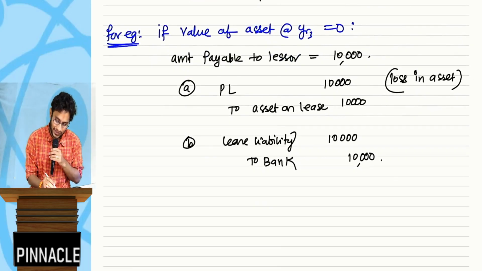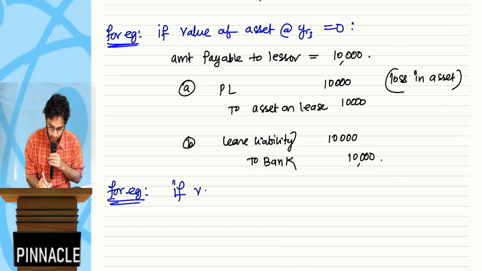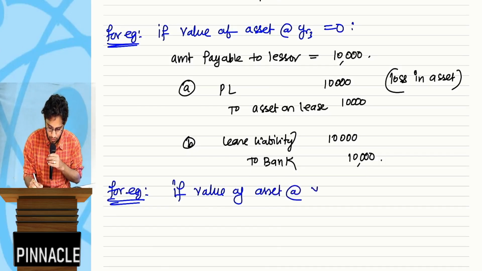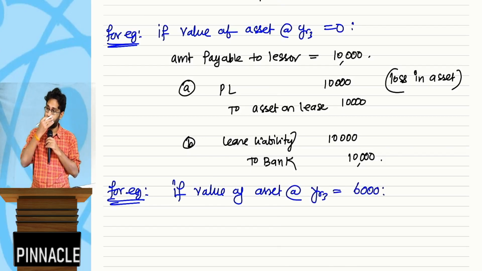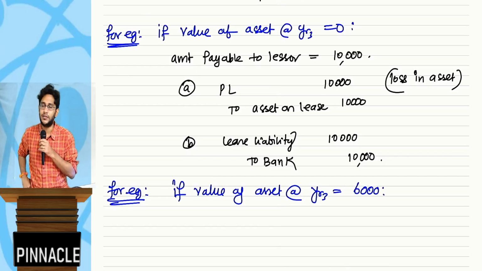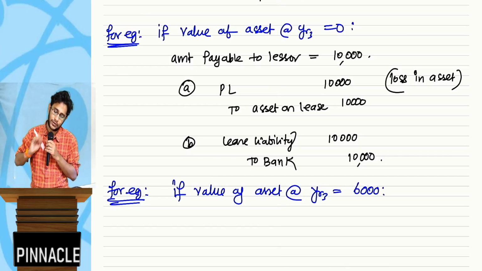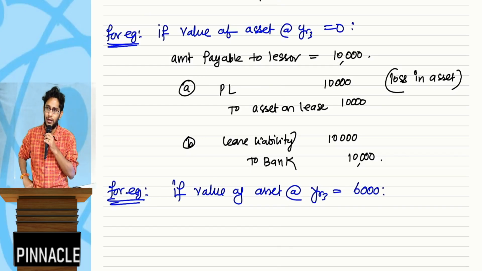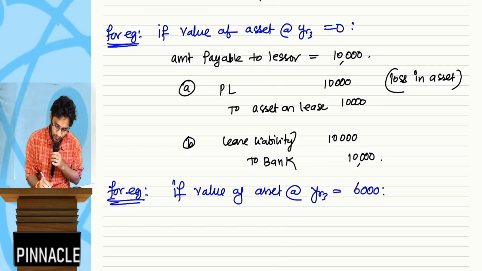Okay, last case, you guess the accounting. Very easy actually. Asset value at the end of year 3 is 6,000. I have to pay 4,000. Okay, first we'll write that.